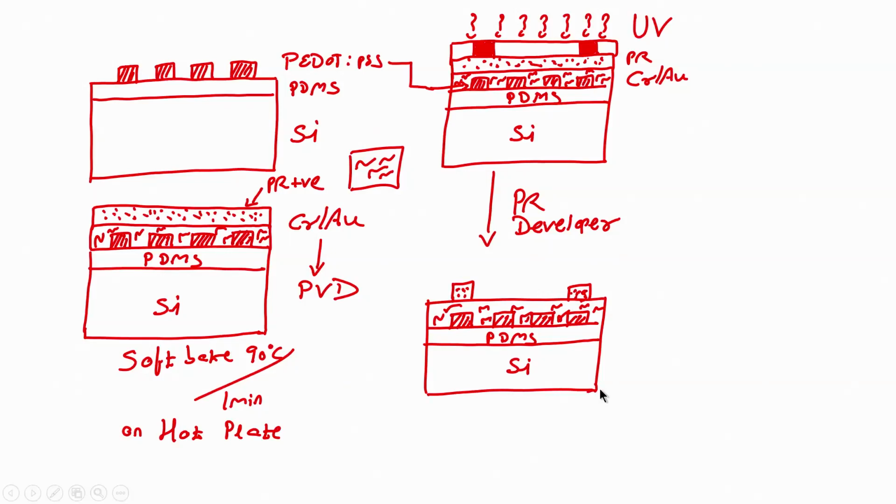Correct. Why do we have only these two areas? Because we are using positive photoresist and the area which is not exposed stays stronger.